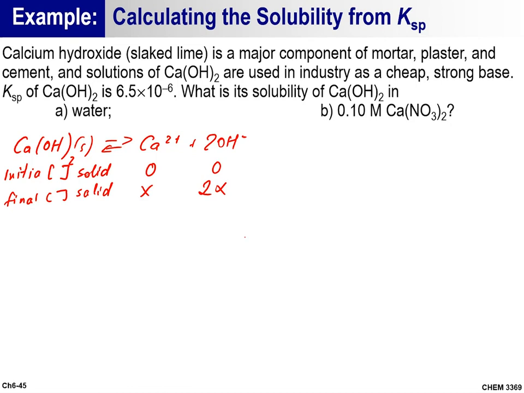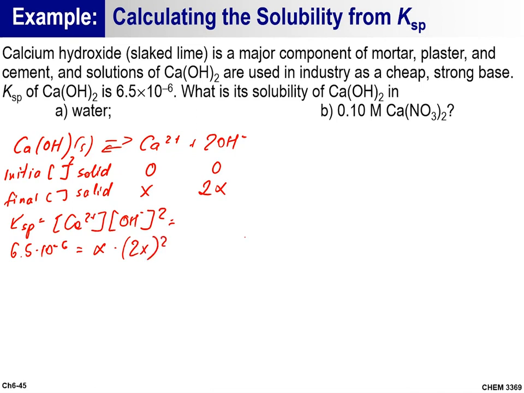So the Ksp, or the equilibrium constant for this reaction, is the concentration of calcium 2+ times the concentration of OH- squared, and it is equal to 6.5 times 10 to the negative 6. So 6.5 times 10 to the negative 6 equals the concentration of calcium 2+, x, times 2x squared. This is a simple equation to solve.